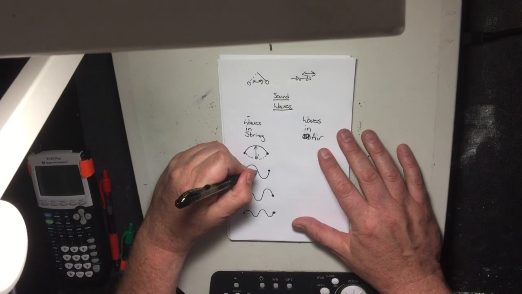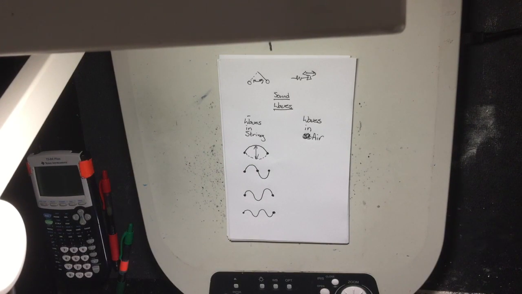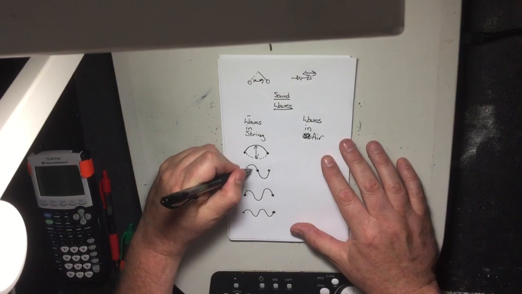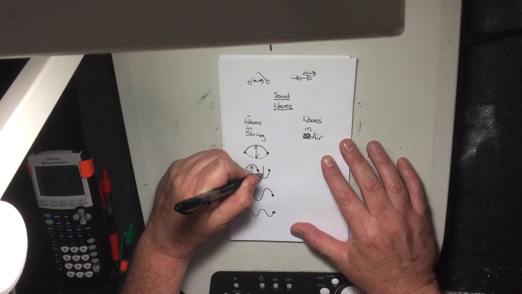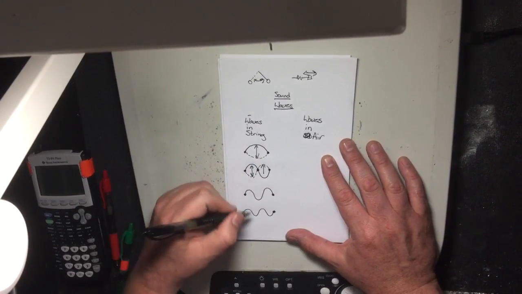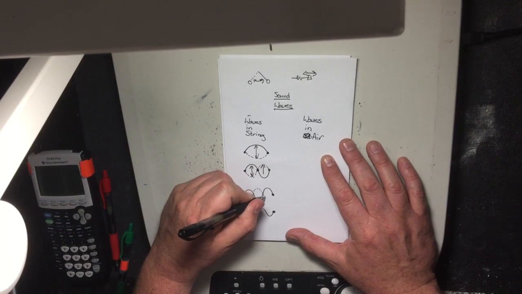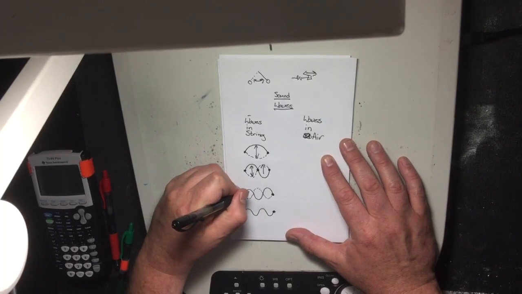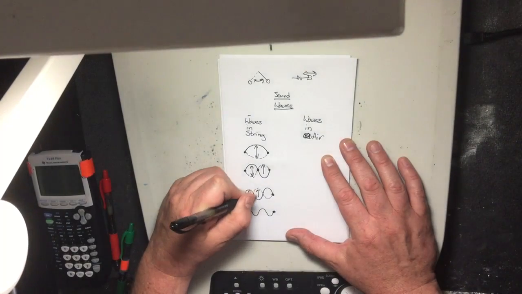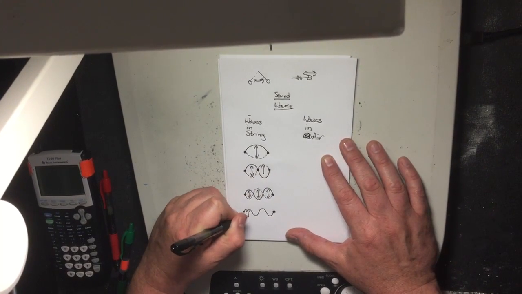You have another one where you start shaking it even harder, and you notice there's a point in the string that doesn't move, and then these two move up and down. Then there is a situation where there are 3 that move up and down, and then there are 4.